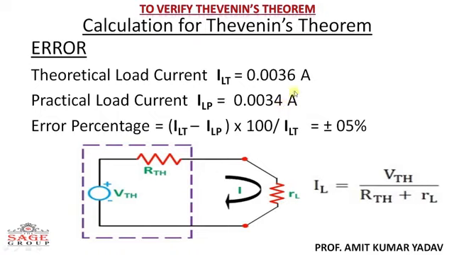So there is a slight difference in both the values. So what will be the error percentage? The error percentage according to this formula is 5%, which is acceptable. Okay, so we can say that it may occur due to the internal resistance which we did not consider in the theoretical part, and we consider internal resistance in the practical. Hence we can say that we have verified the Thevenin theorem.